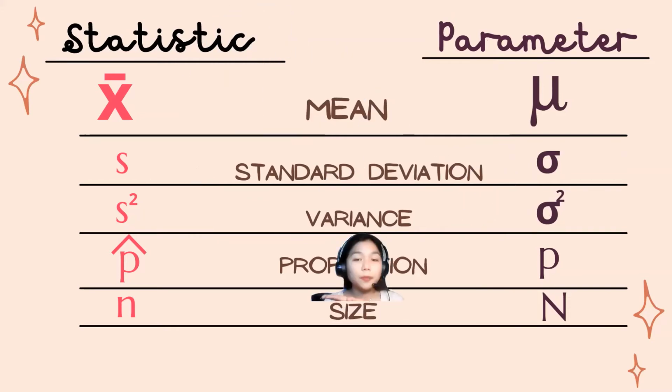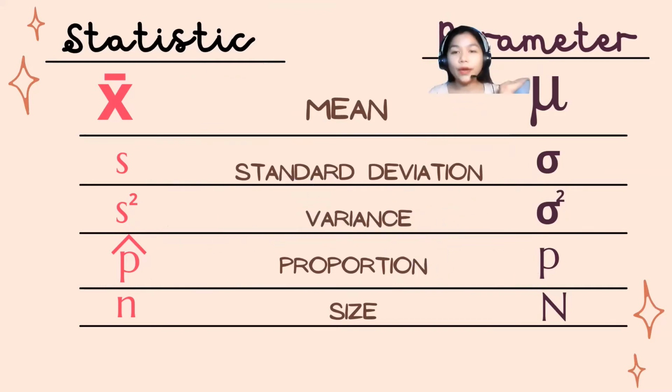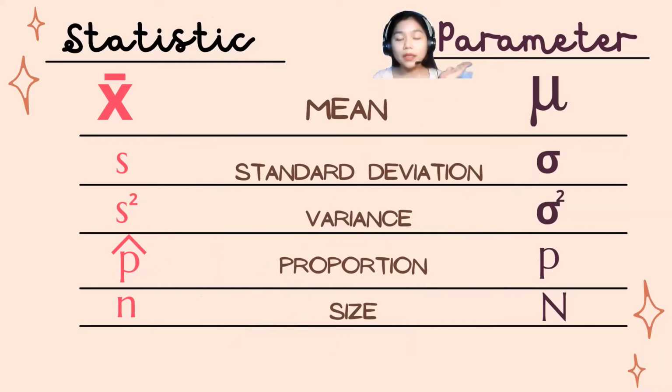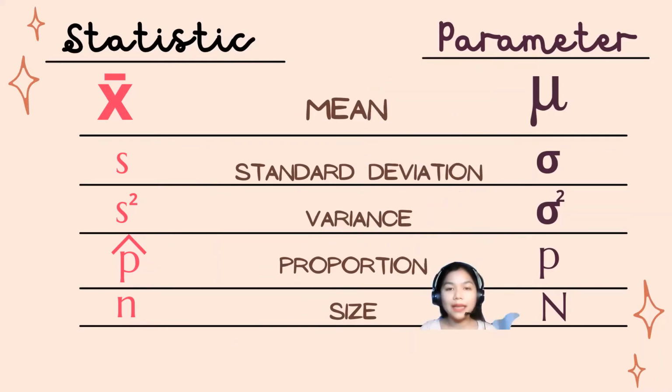The statistic proportion, although we will not be talking much more about proportion, but I just wanted you to know, we have the P hat for statistic or sample, while P lang for the parameter. Then the size, of course, pagka small n, statistic or sample size. Population size naman for parameter, pagka capital N.